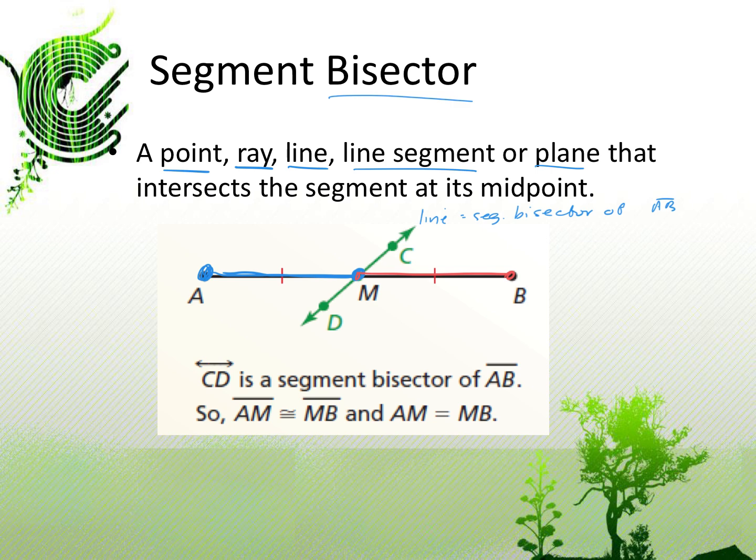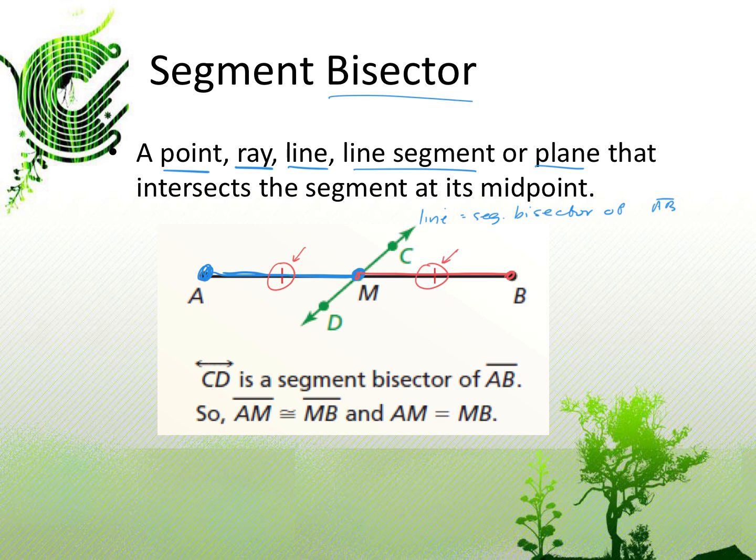One way that we identify a bisector is by telling you that it's a bisector. The other way is that we'll use these little congruence marks here. If this has a single tick mark and this has a single tick mark, then that means that they have the same length, okay? That they are equal in length and they are congruent in size.